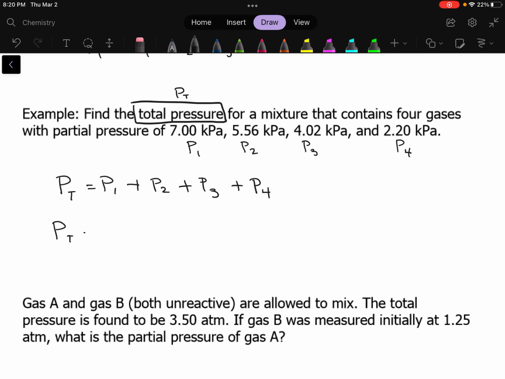So we're just going to add these up. And that comes out to be 18.8, and that would be in kilopascals.